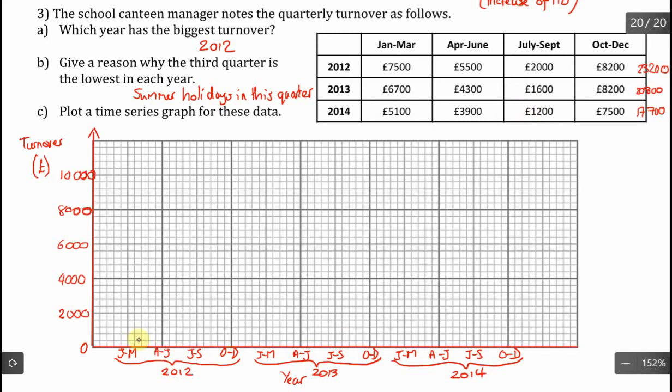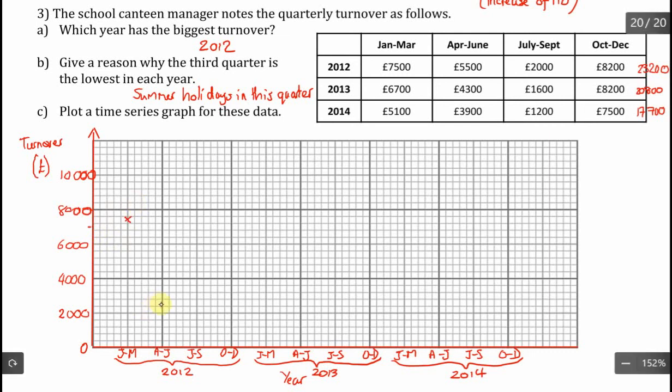Okay, which means each one of these little squares represents 400. Okay, so 7,500. Well, we're just going to do this kind of roughly there. That would be 7,000. 7,500 would be about there. They allow a bit of leeway if you were asked to do these questions.